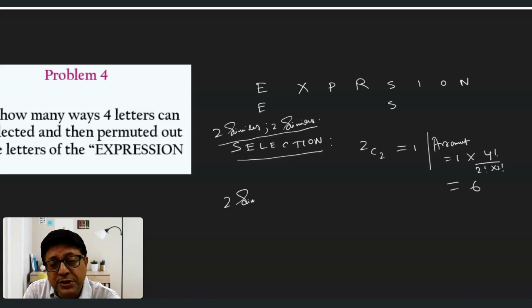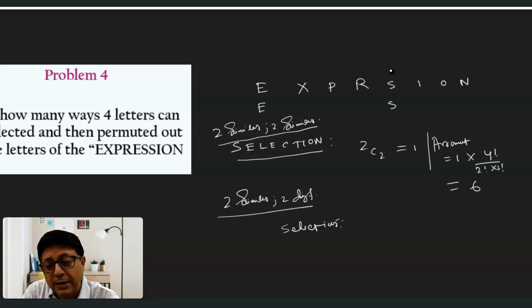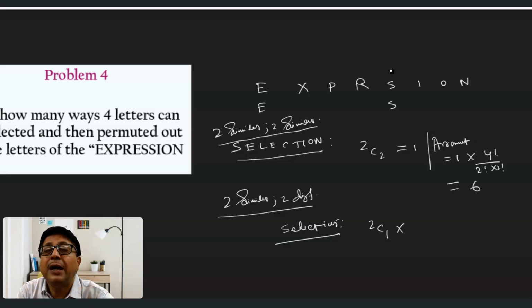There may be 2 similar, 2 different. So how many ways can selection be done? 2 similar means out of these 2 pairs you take 1 pair, and from the remaining 7 you select 2. Okay? So selection is going to be 2 into 7C2, is 7 into 6 by 2, that is 21.